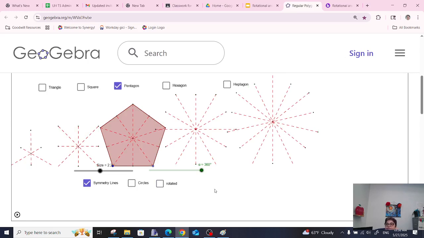How many lines of symmetry should you have on a pentagon? 5, because it's five-sided. So it's from each vertex to the midpoint of the opposite side. That's where you get them all. Vertex, midpoint, vertex, midpoint. That's how you get all 5.